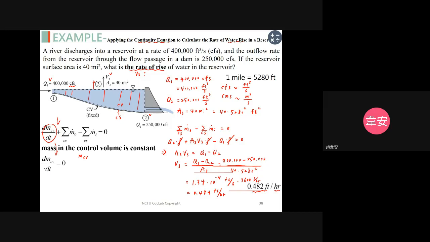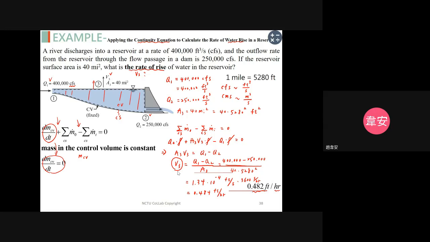So we always satisfy that the dm_CV/dt is equal to 0, and we only need to process the net mass flow for this problem. In this problem, we have 2 outflows and only 1 inflow, and then make the balance, so we know the rate of the rising water.